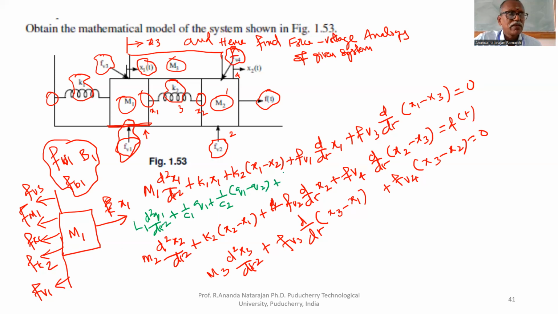Fv1 is B, which should be taken as R1, simply R1 dq1 upon dt, plus R3 d upon dt of (q1 minus q3) equal to 0.